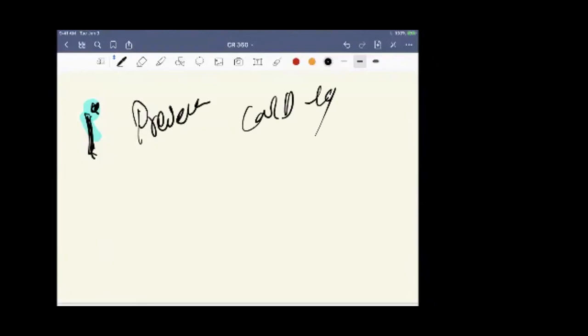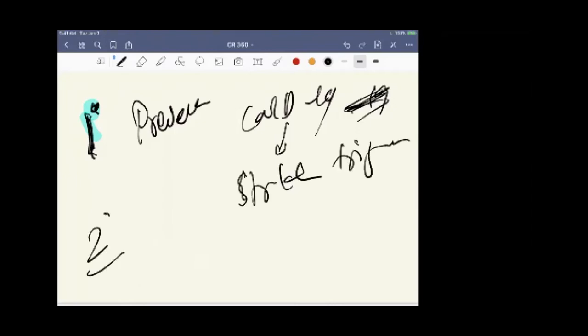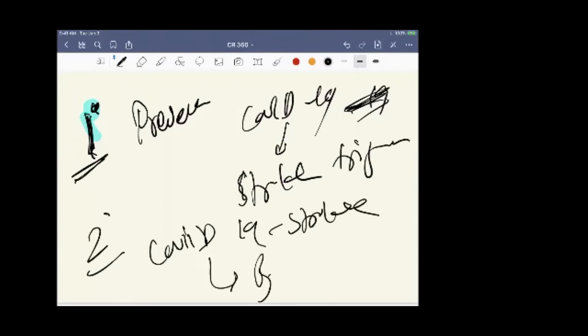Let's say in case you don't know the prevalence of COVID-19 and stroke triggers, find out that. Secondary, in our hospital data, in COVID-19 patients who are having stroke, we are going to check the brain biopsy and see whether the vessels have virus or not.